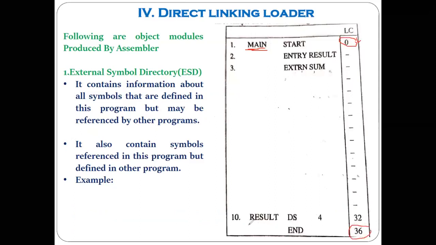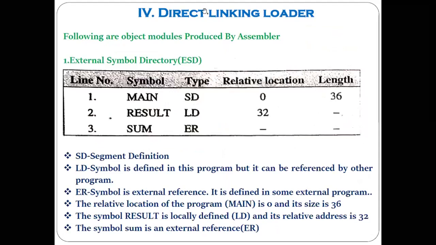Regarding our variable result, which is the publicly declared, locally defined variable, it has the address 32. So in the external symbol directory, all this information is shown. You can see main, its type is segment definition; symbol result, its type is locally defined; symbol sum, its type is external reference; and their relative locations and length are also shown.